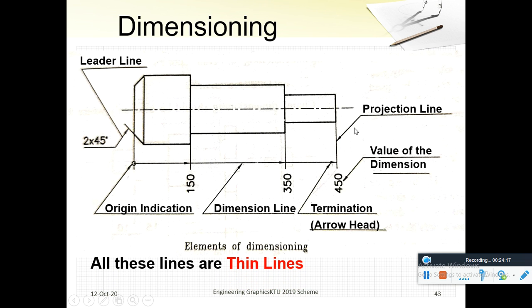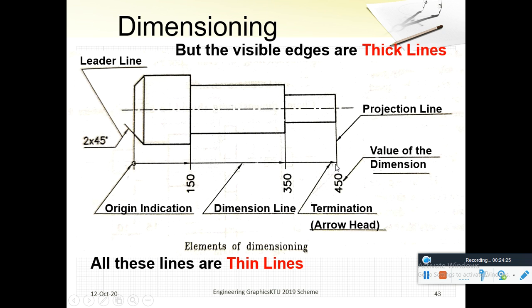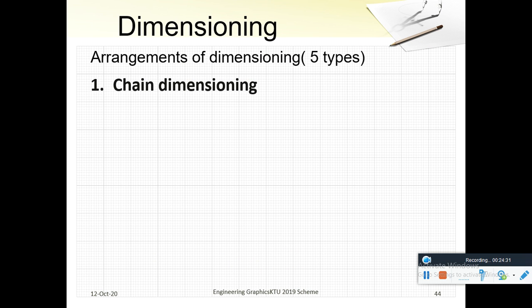All these lines are thin lines, except the visible edges. The visible edges are thick lines. There are 5 types of arrangements of dimensioning.